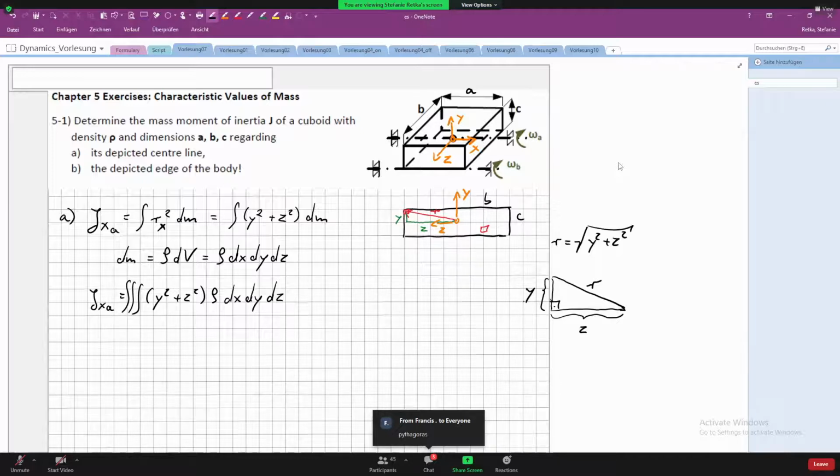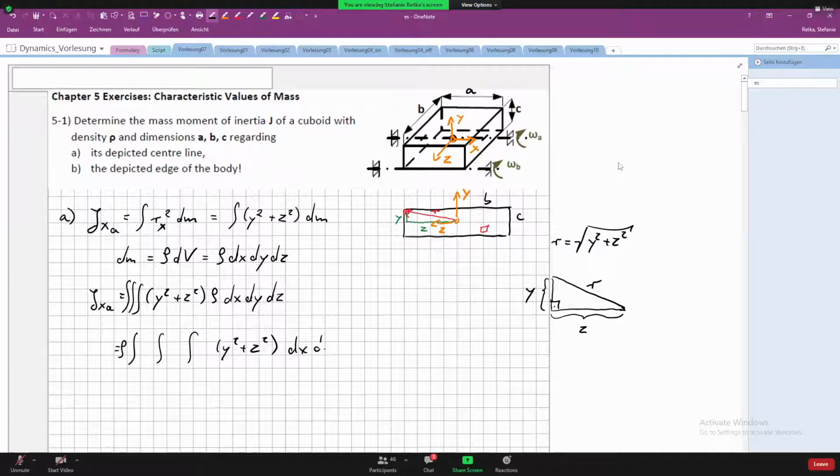Okay, now this is our integral that we have to solve. And of course, we have to state the boundaries of our integral. Since I do not have enough space in the equation above, I will state it again. y square plus z square. Rho is constant, so we do not have to integrate over the density, dx, dy, dz. So then we have to start from the inside and then move on to the outside when integrating.